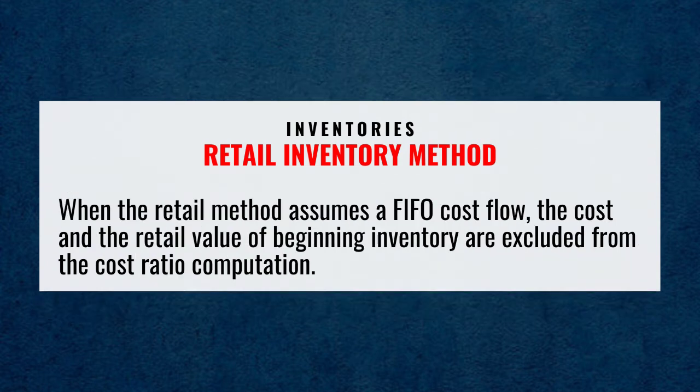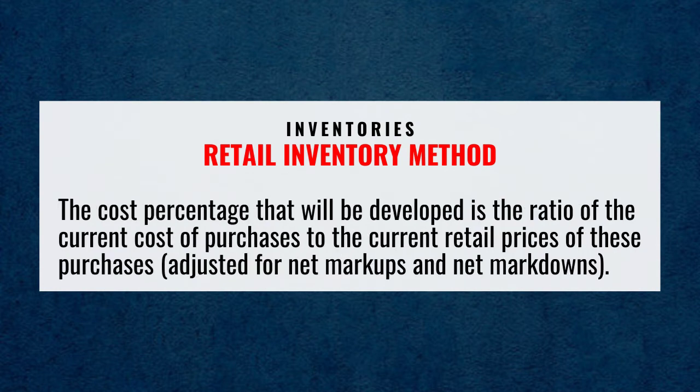When the retail method assumes a FIFO cost flow, the cost and the retail value of the beginning inventory are excluded from the cost ratio computation. The cost percentage that will be developed is the ratio of the current cost of purchases to the current retail prices of these purchases, adjusted for net markups and net markdowns.